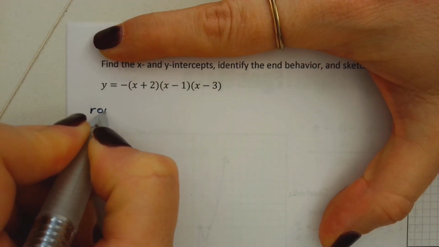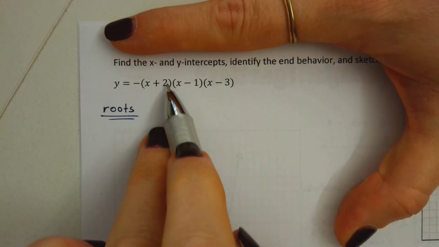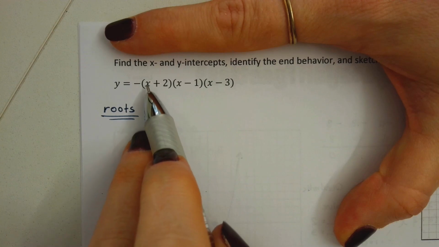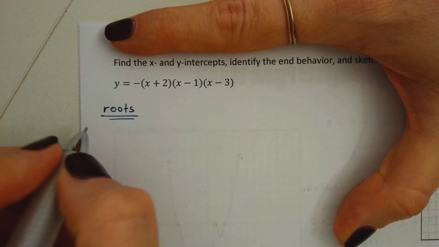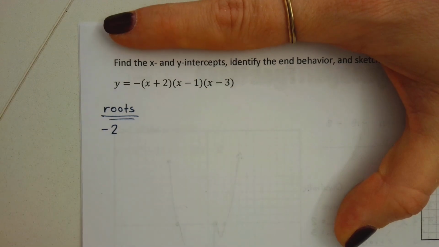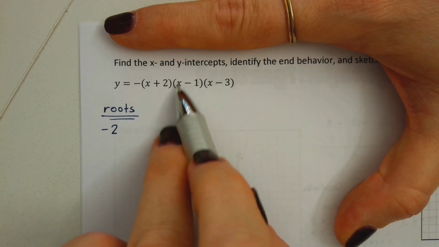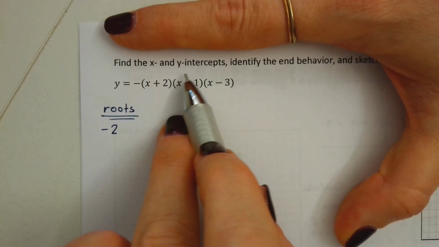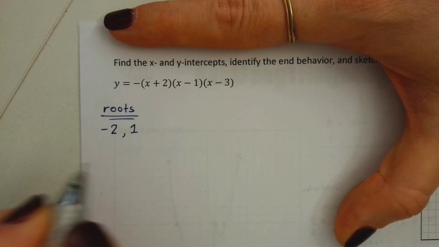So if I think about what my roots are, or my solutions, this x plus 2, if I took it and set it equal to 0 and solved it, what would be its little solution? Its root? Negative 2. Okay. If I took x minus 1, set it equal to 0 and solve it, what would be its little solution? 1, so I know 1 is a root also.